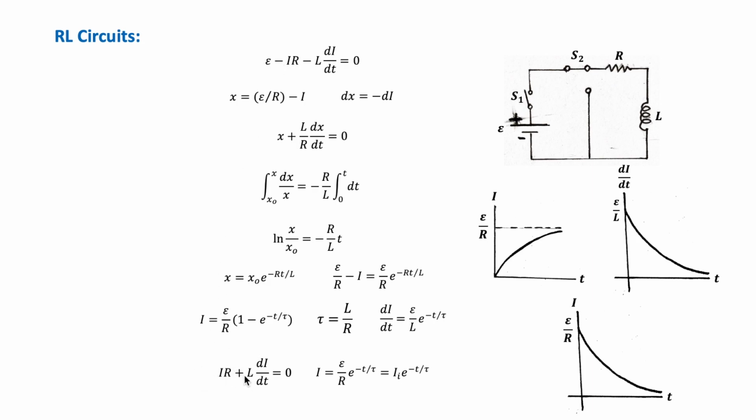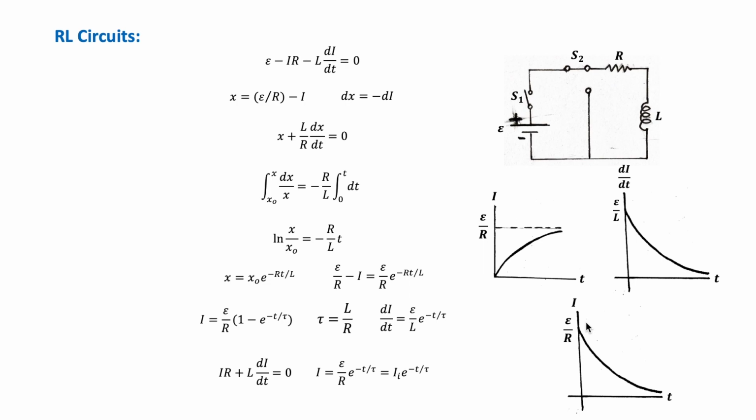So IR plus L di over dt is equal to 0, which has this solution. Okay, and so for this circuit, when we close S2 and the battery is no more part of it, the current decreases exponentially with time to 0, okay? And this is due to the presence of the inductor.